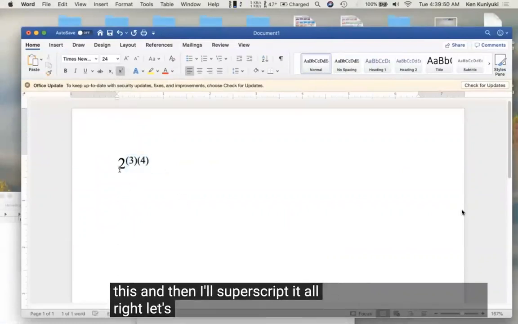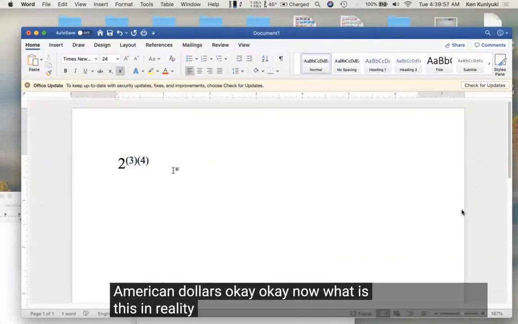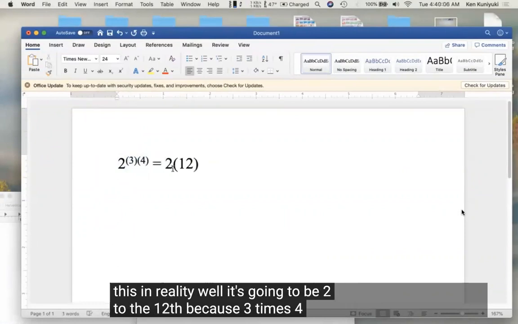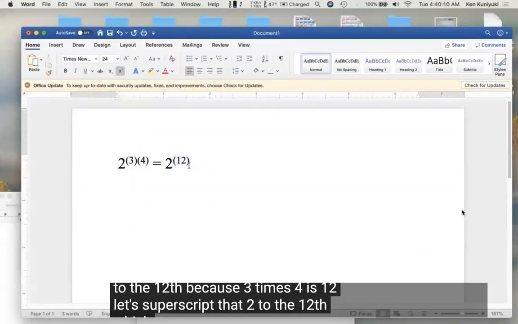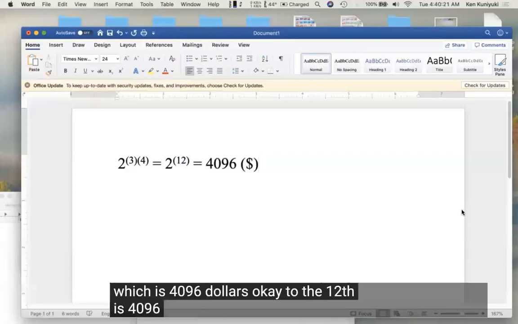Let's say that I owe you this in American dollars. Now what is this in reality? Well, it's going to be 2 to the 12th, because 3 times 4 is 12. Let's superscript that. 2 to the 12th, which is $4,096.